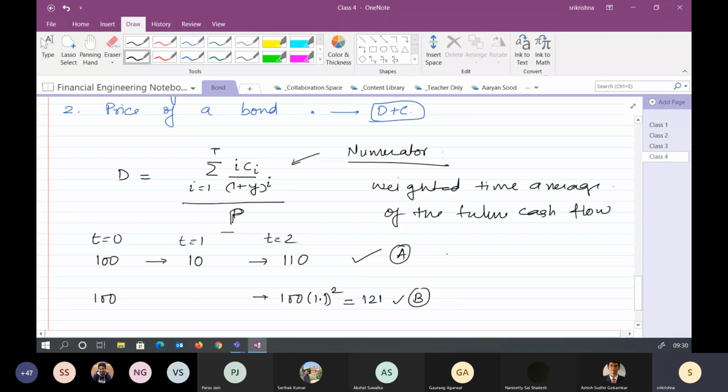But if I try to calculate the duration for bond A and bond B, which one would be higher? Try to look at this expression and tell me. For us, that would make it clear.